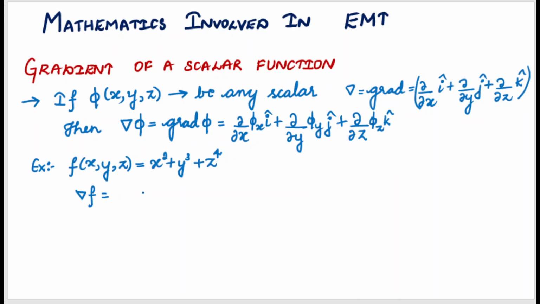Now from the formula, instead of phi x, here we have fx which is equal to x square, and fy which is equal to y cube, and fz which is equal to z to the power of 4. All the remaining terms will be constant with respect to x, we differentiate x only.